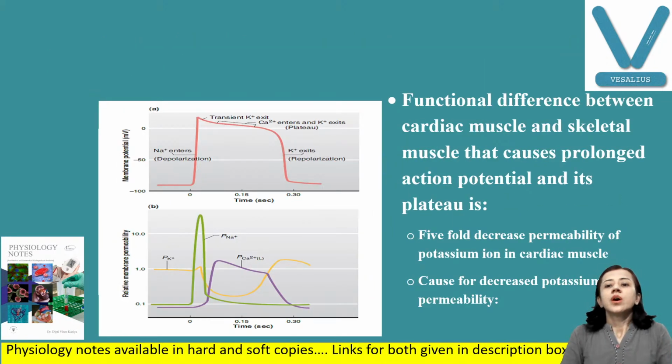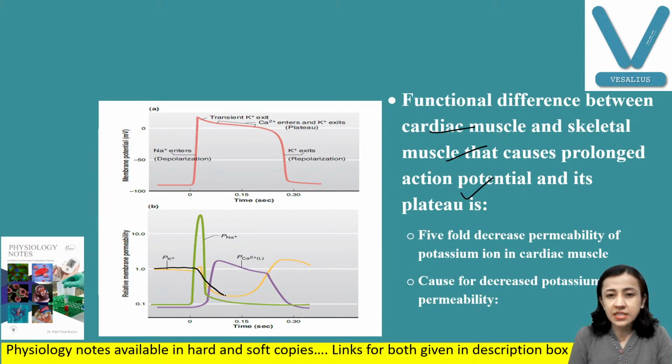Okay, now another functional difference between cardiac and skeletal muscle contraction, that prolonged plateau phase, number one, is, as we have discussed initially, immediately after the onset of depolarization and action potential, there is five-fold decreased permeability of the potassium channels. You can see here, this decreases. So potassium ions cannot move out. That is responsible for this plateau phase, one cause.